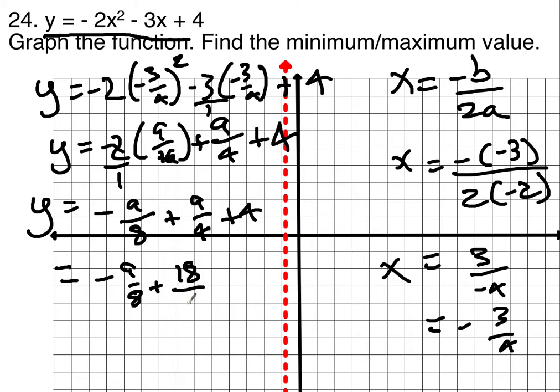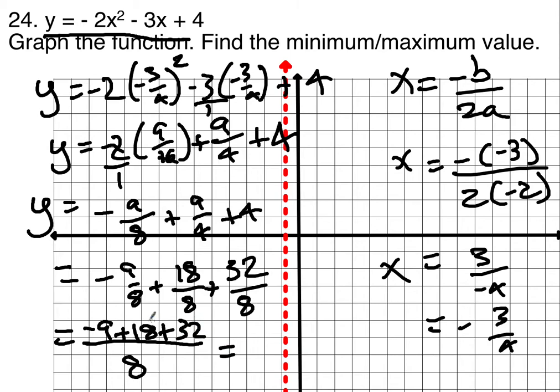So that's going to be 18 over 8 if I multiply both by 2. And 4 with an 8 in the denominator is going to be 32 over 8. So negative 9 plus 18 plus 32 is 9 plus 32, which is 41 over 8. So this is our y value of our vertex.